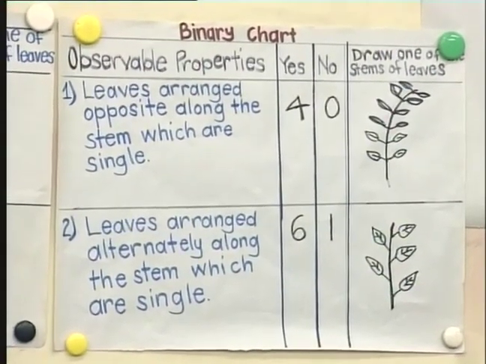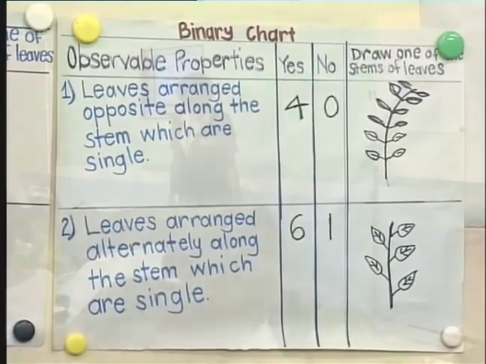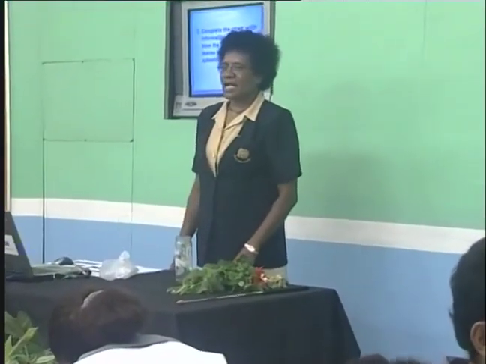Now, let's go quickly through what we have done. What we actually did is classifying objects, or especially we were working with leaves, into the properties that they have. Now, teachers, leaves have some other properties besides being arranged opposite and also alternately on the stems.